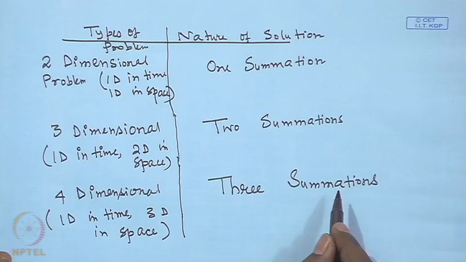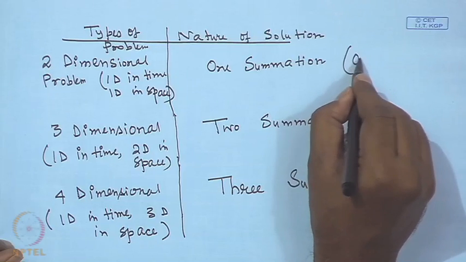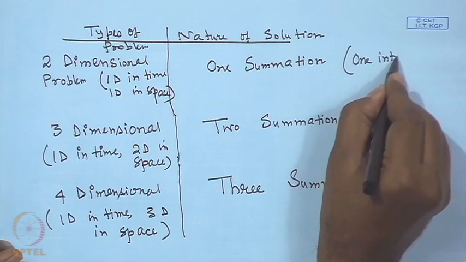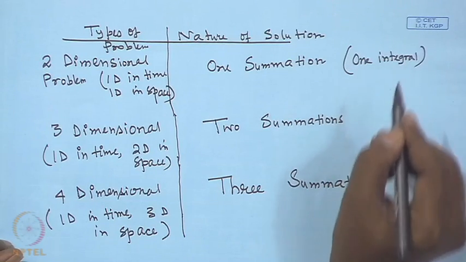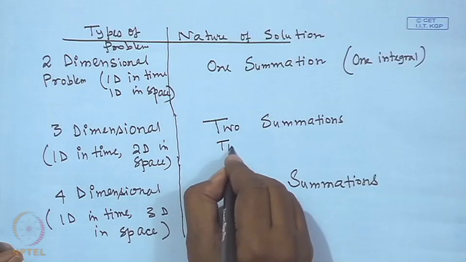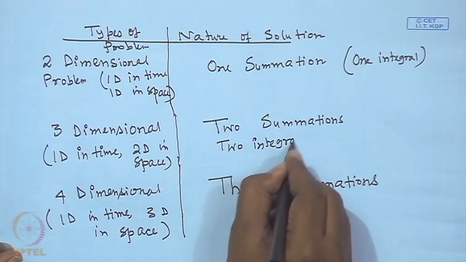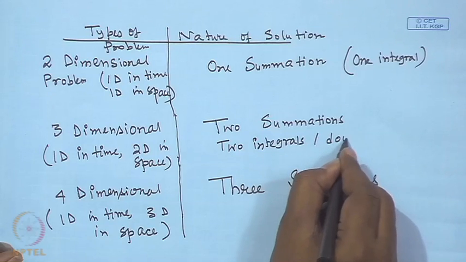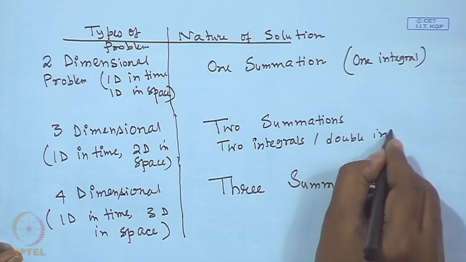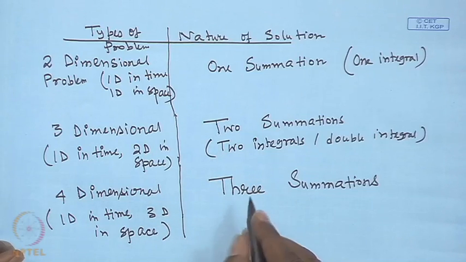Now, in case of one summation, that is a 2-dimensional problem, one integral appears to evaluate the final constant. For 2 summations, 2 integrals, that means a double integral appears to evaluate the final constant.